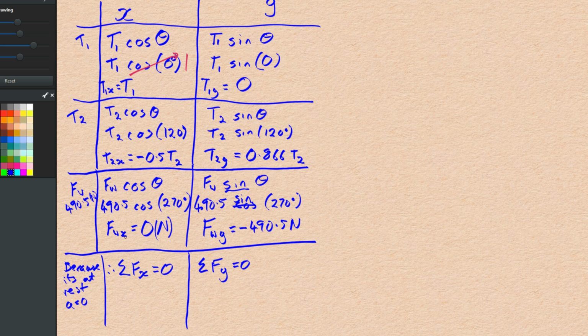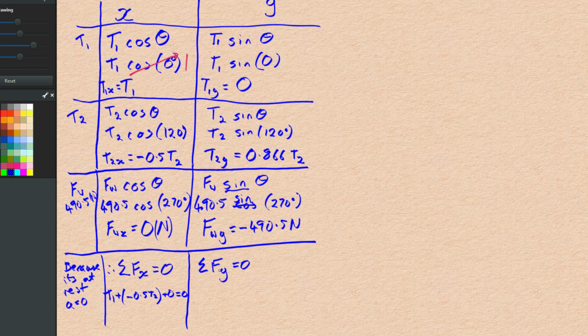Up here, let's just sum up these forces, because the sum of the forces in the x direction is this number plus this number plus this number. So I get T1 plus minus a half T2 plus 0 is equal to 0. I'll leave that there for the moment. I can't solve that. It's got both T1 and T2 I don't know.